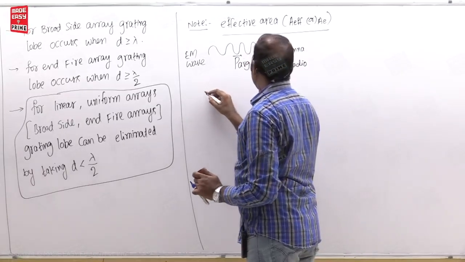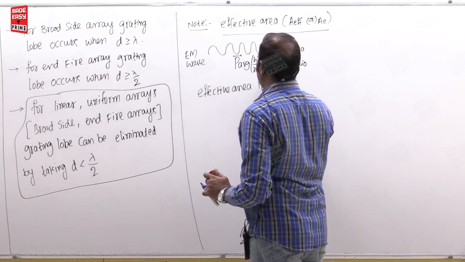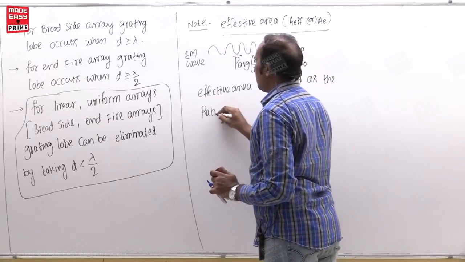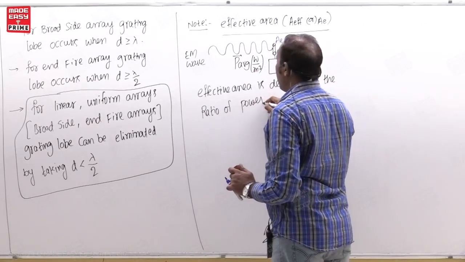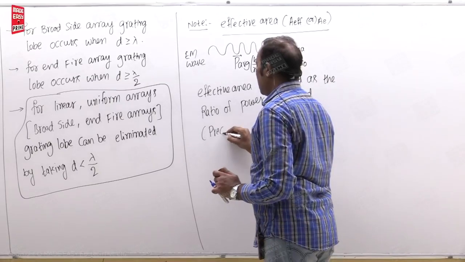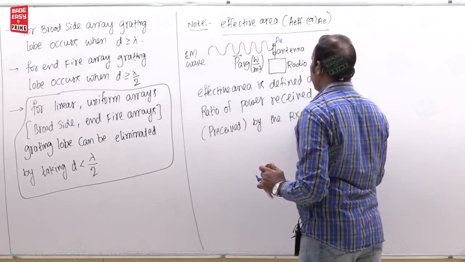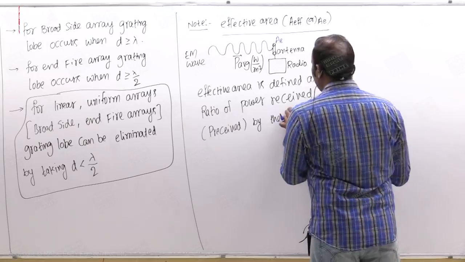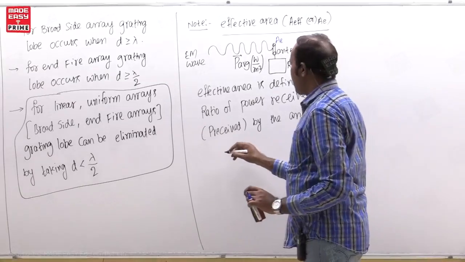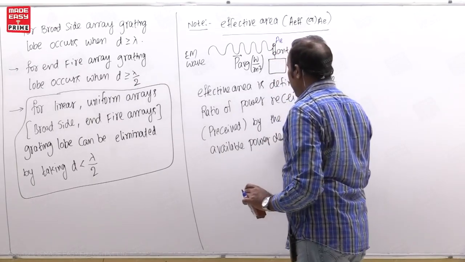So effective area is defined as the ratio of power received by the receiving antenna, RX antenna, otherwise received by the antenna, you write simply received by the antenna, and available power density.